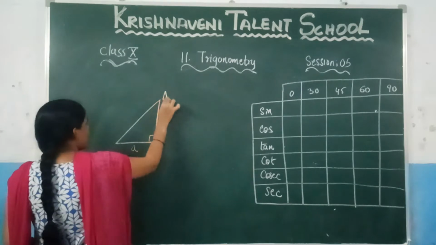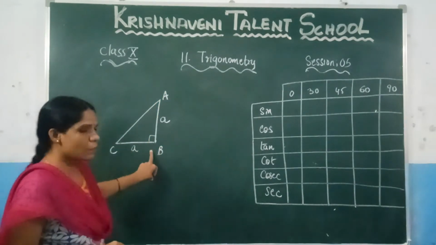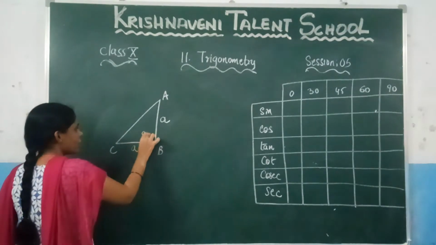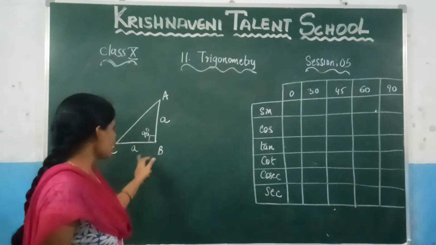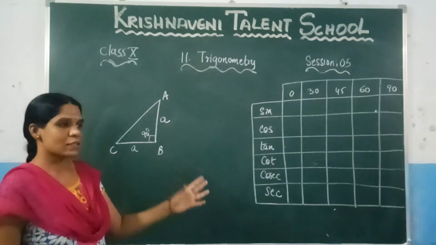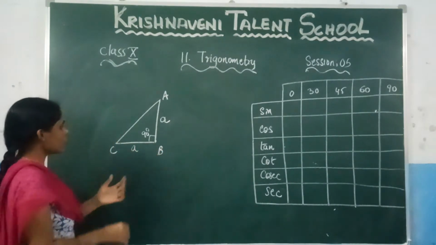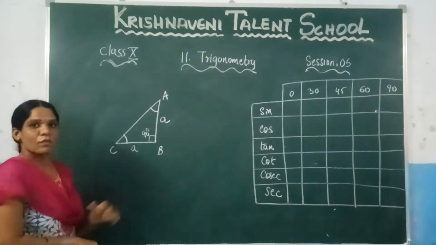Now, the triangle is A, B, C. What is angle B? It is 90 degrees because it is a right angle triangle. And you know one result: if two sides are equal, then their opposite angles are also equal. So the sum of these two angles is equal to 90 degrees.